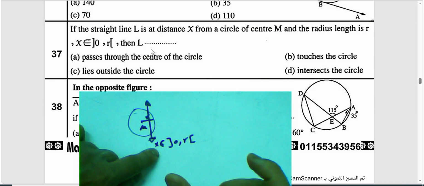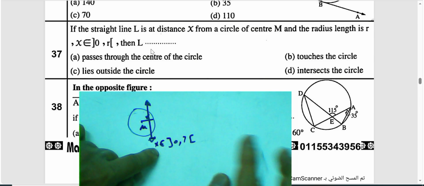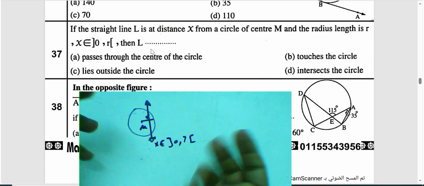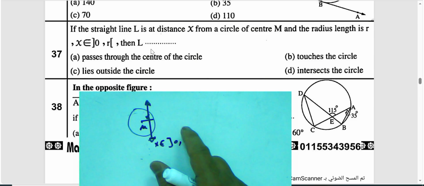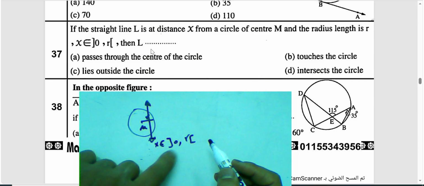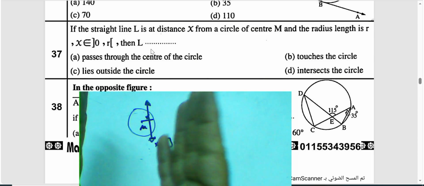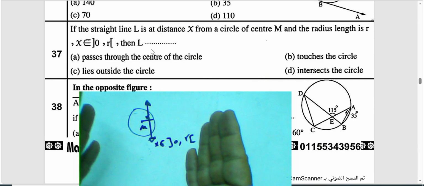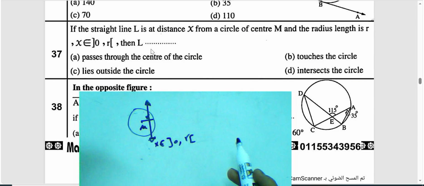If I put the radius as 7 centimeters, x lies between 0 and 7, open. It means the distance between the line and the center is less than the radius, so it will be a secant of the circle. Understood?